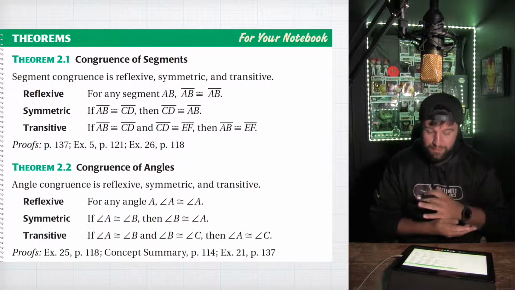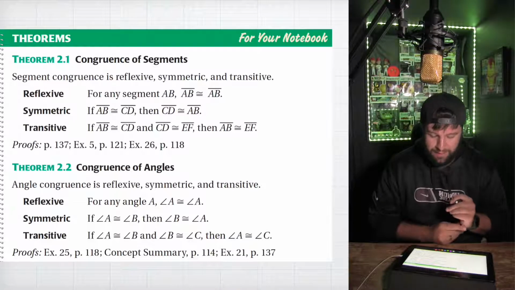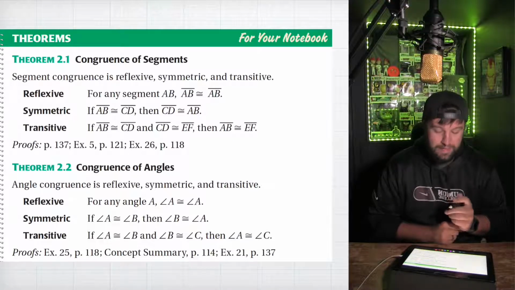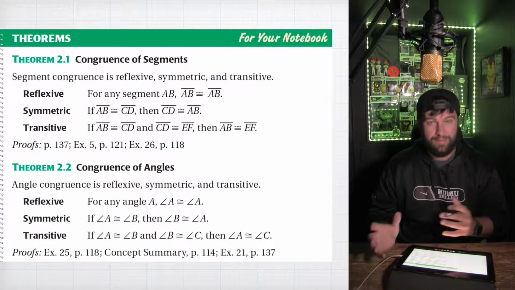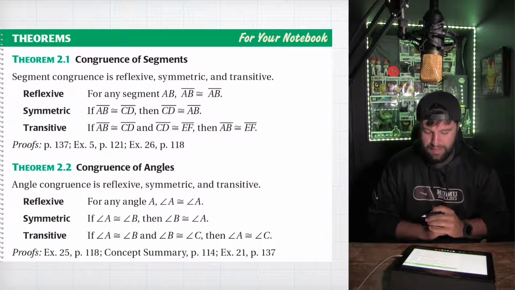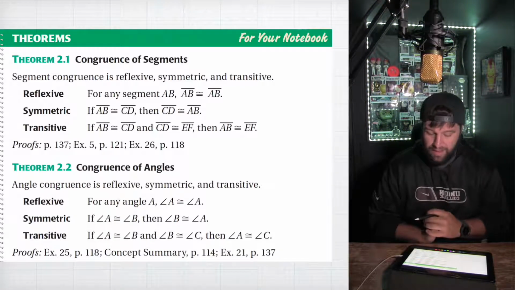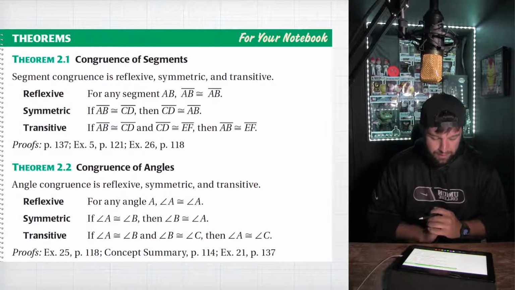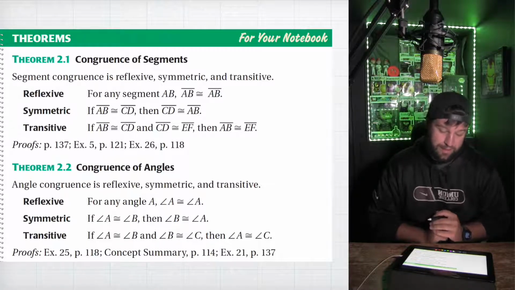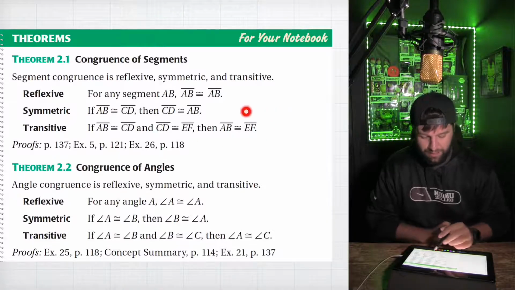Symmetric, where we flopped it over: if segment AB is congruent to segment CD, then segment CD is congruent to segment AB. And the transitive property: if segment AB is congruent to segment CD and segment CD is congruent to segment EF, then segment AB is congruent to segment EF.